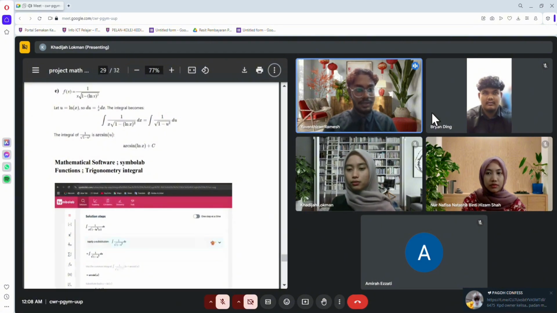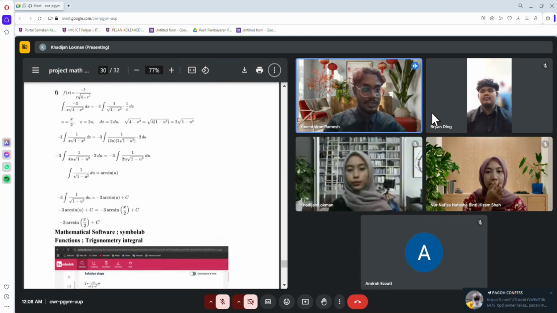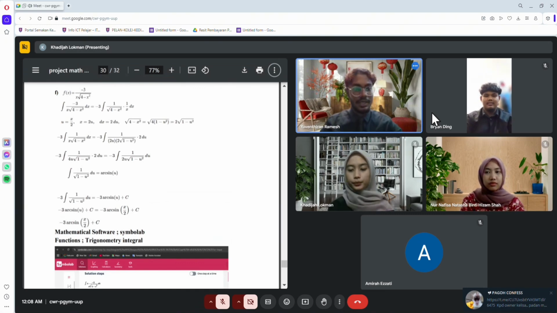Then question F, which is f(x) equals negative 3 over x times the square root of 4 minus x squared. We use the same method as we did in question E, and then we'll get an answer which is negative 3 arcsin of x over 2 plus c. As said, c is constant. You can also use the software Symbolab and we will get the same answer.